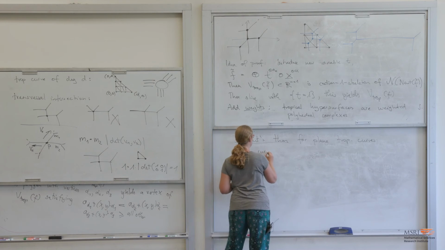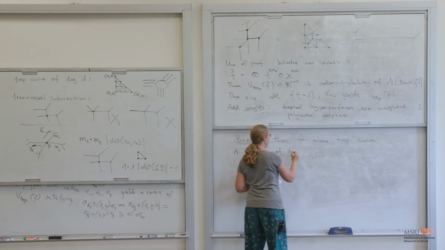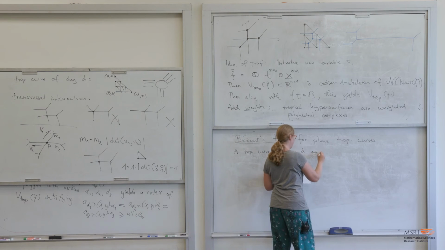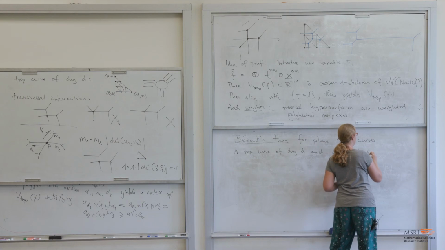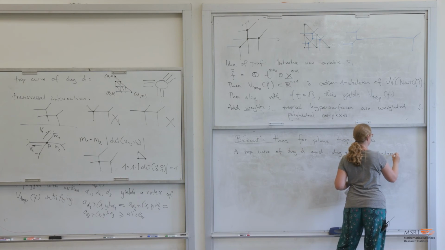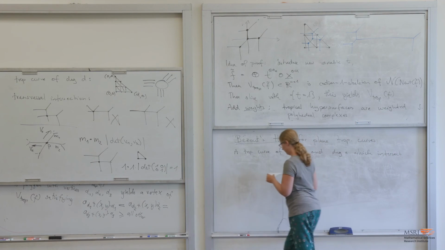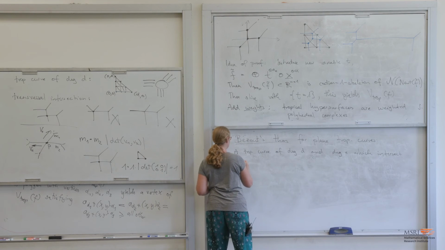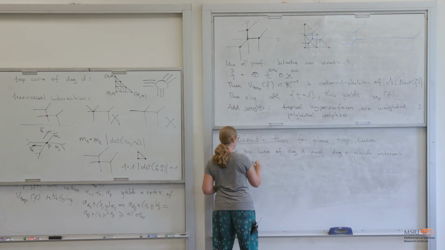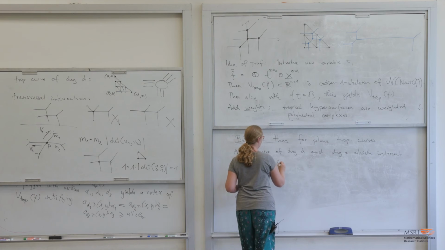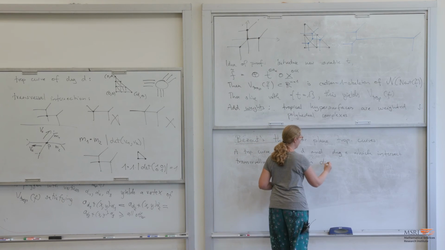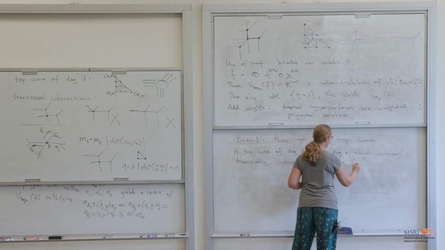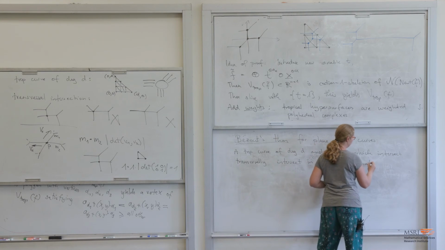A tropical curve of degree d and a tropical curve of degree e, which intersect transversally, intersect in d times e points, counted with multiplicity, of course.